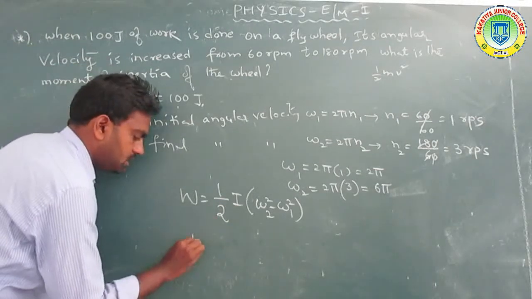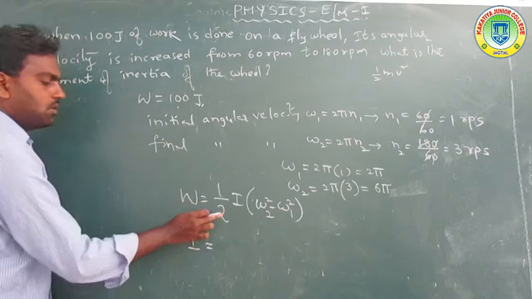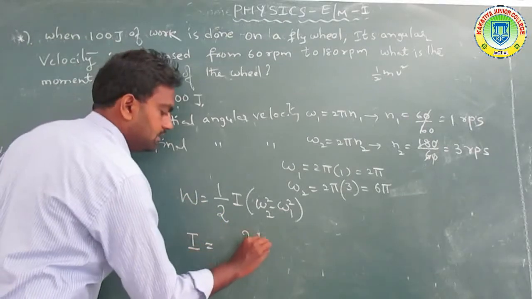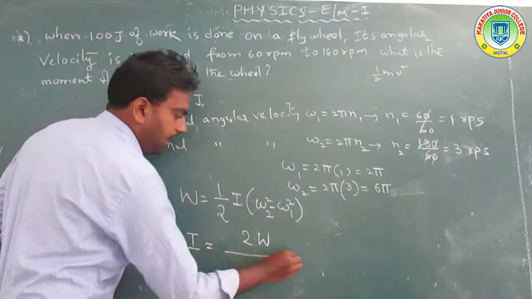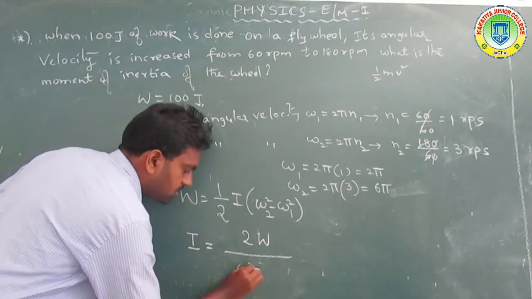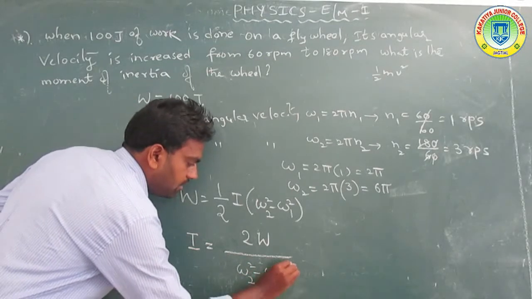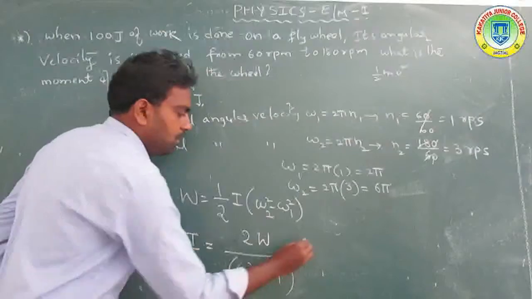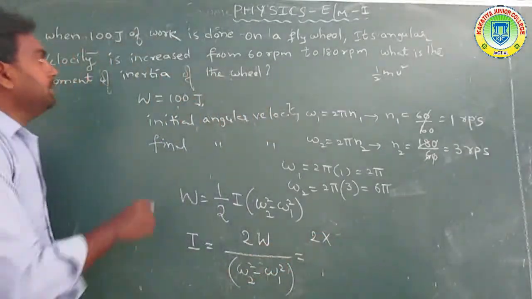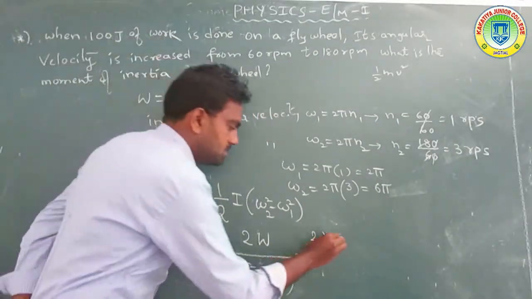So the moment of inertia I is equal to 2 W divided by omega 2 square minus omega 1 square. We already know W is 100 joules.